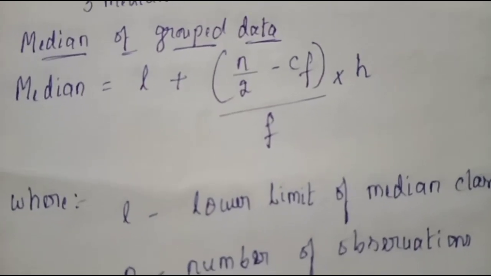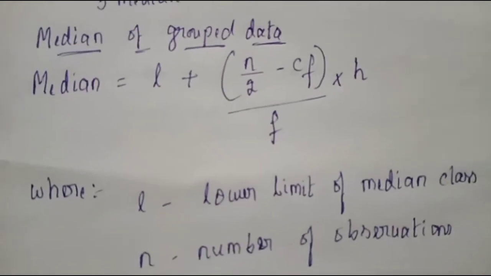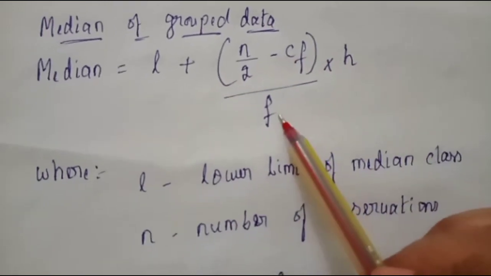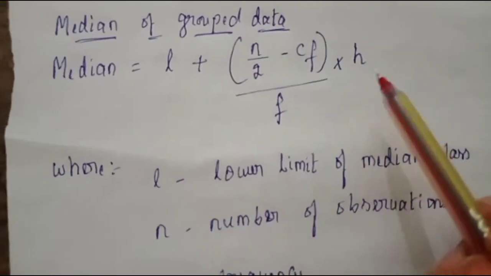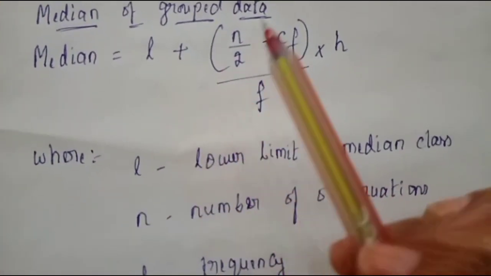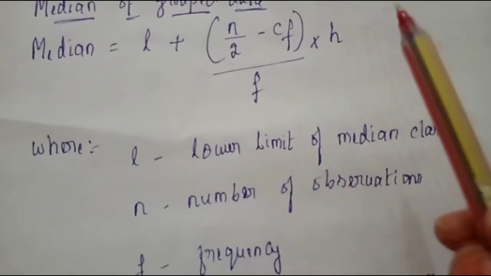If you know the median class, we can find all the terms in this formula, that is L, CF, H and F. With only the median class we can complete this formula. So what is the formula here? Median equals L plus (N by 2 minus CF) by F into H.